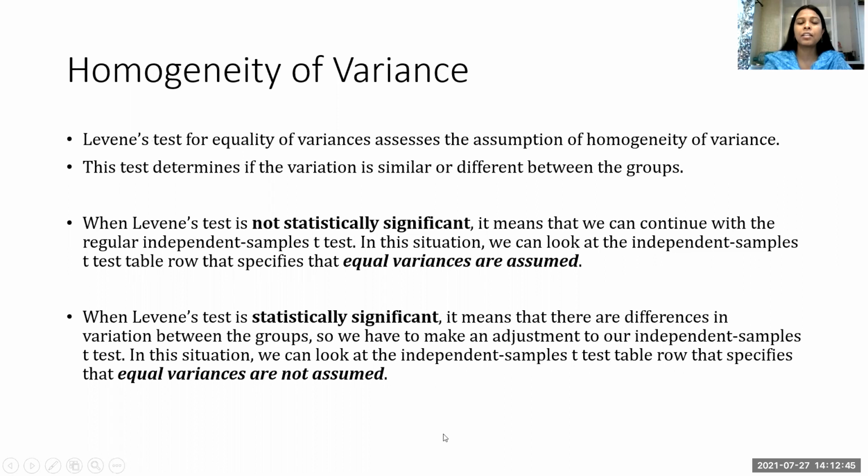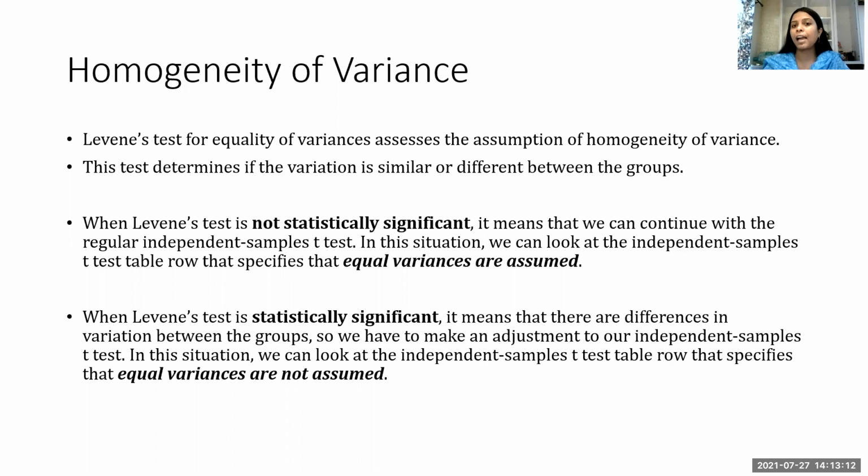Here in SPSS, we will see the results of Levene's test for equality of variances, which helps us to assume the homogeneity of variance between the two variables. So this particular test determines if the variation is similar or different between the groups.